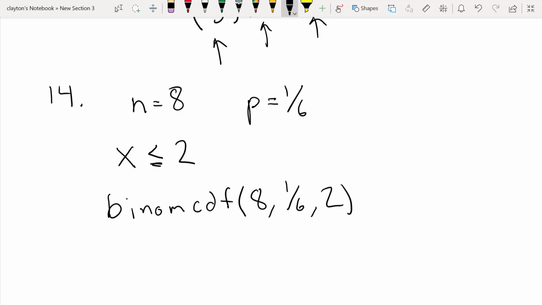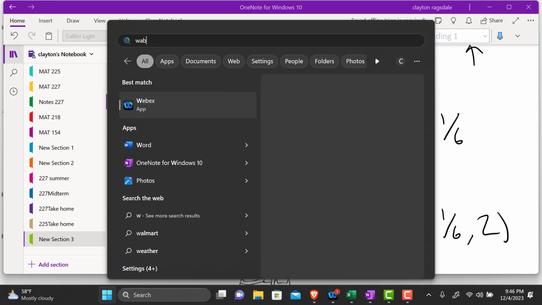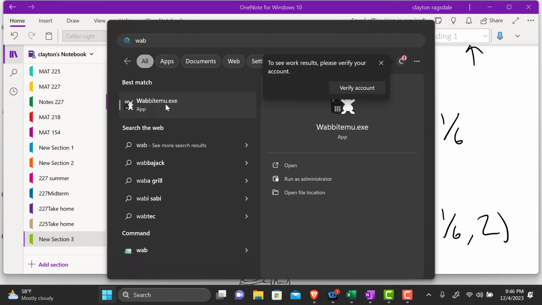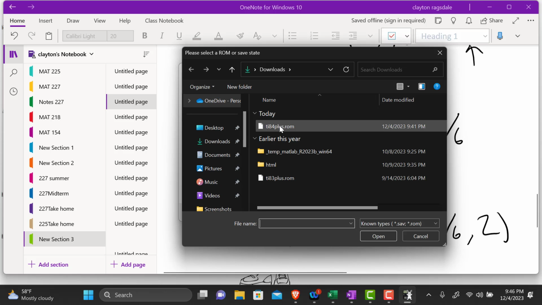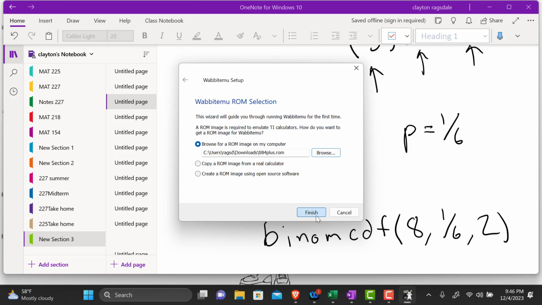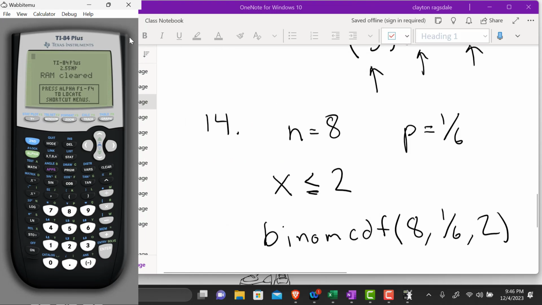But we're going to pull that up on the calculator here so we can see it. Oh, where did it go? Looks like it exited out. I got to do this again apparently. Sorry. At least I know where I'm going now, right? We want to go second vars all the way down.